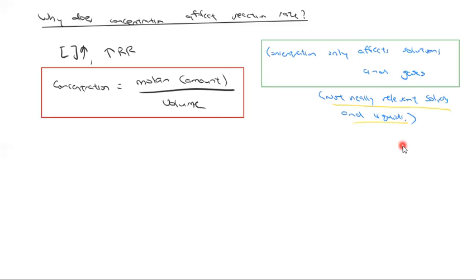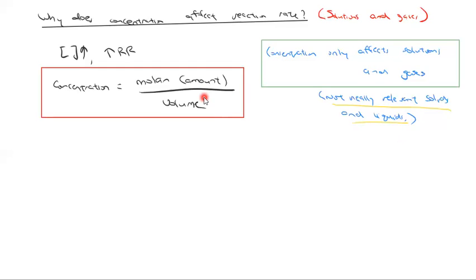So keeping in mind that this is mainly for solutions and gases, and keeping in mind what concentration means, it's the amount of something per unit volume. You can think of it as the density of that substance. Not in terms of the mass, but how likely it is for you to run into a particle.